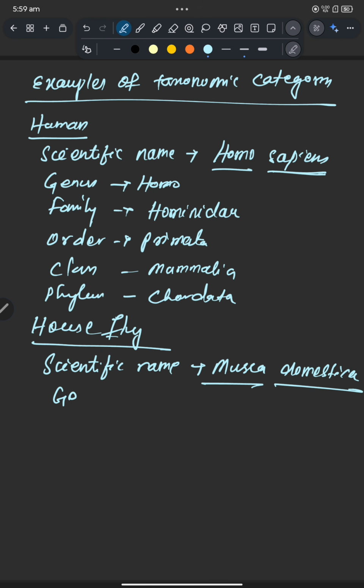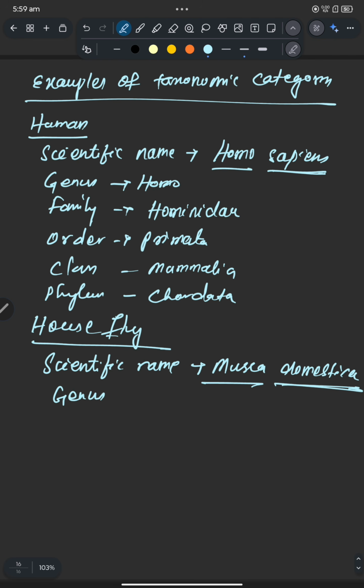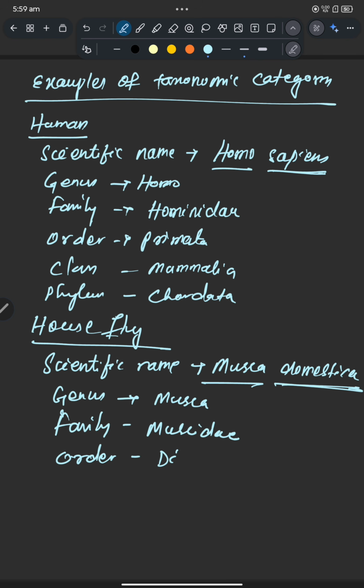Here genus is Musca, species is domestica. Family Musidae. Then order Diptera, class Insecta, phylum Arthropoda.